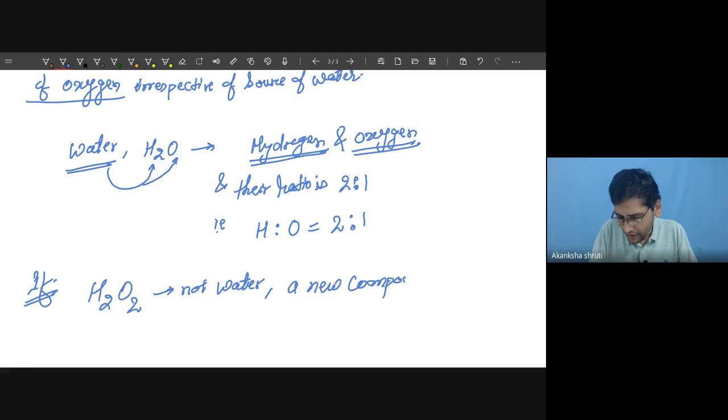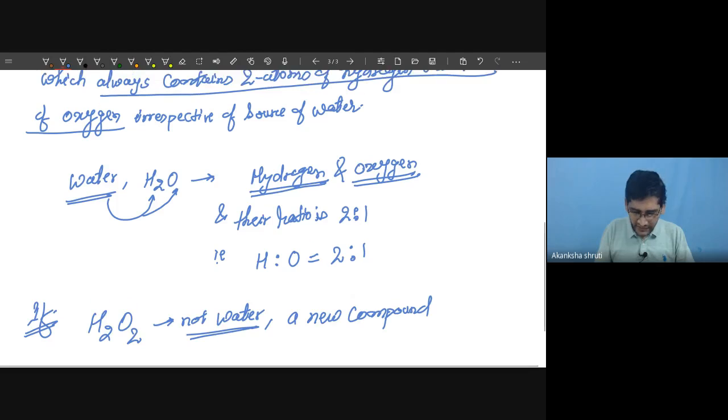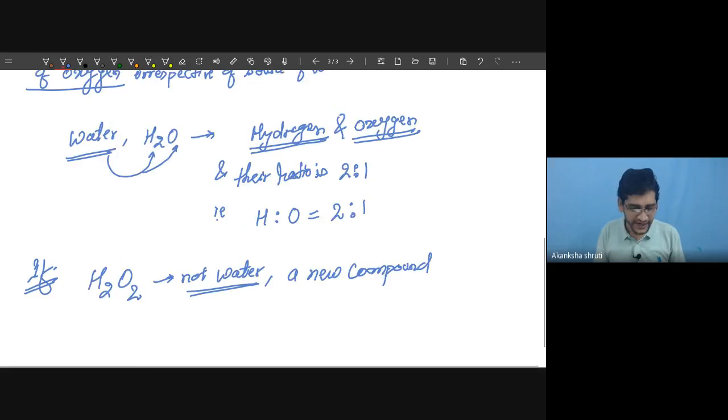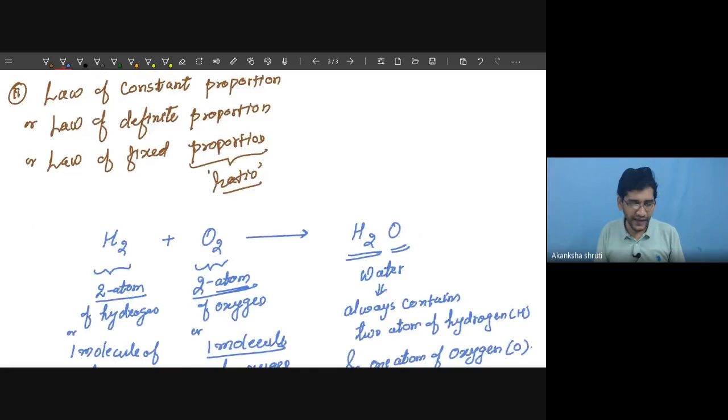This new compound is called hydrogen peroxide. This you will learn in higher standards, so no need to mug up or write it here. So it is different, so it is not water. Get it? Means for forming water, the hydrogen and oxygen should combine, and this combination should always be in a fixed ratio.